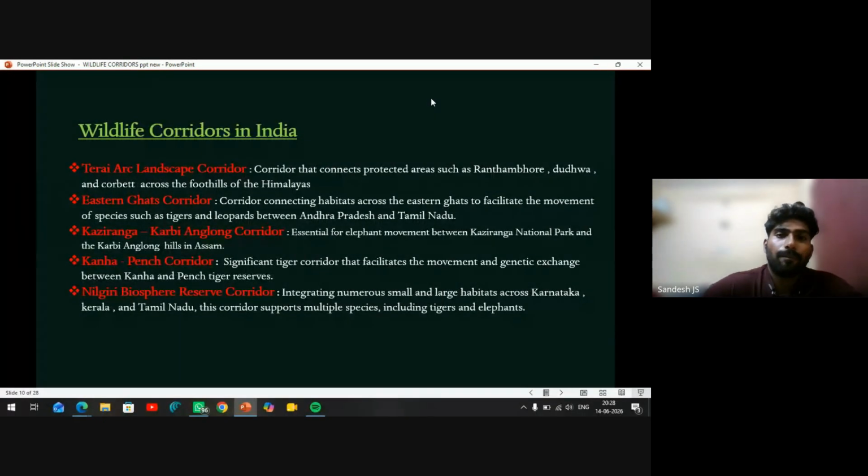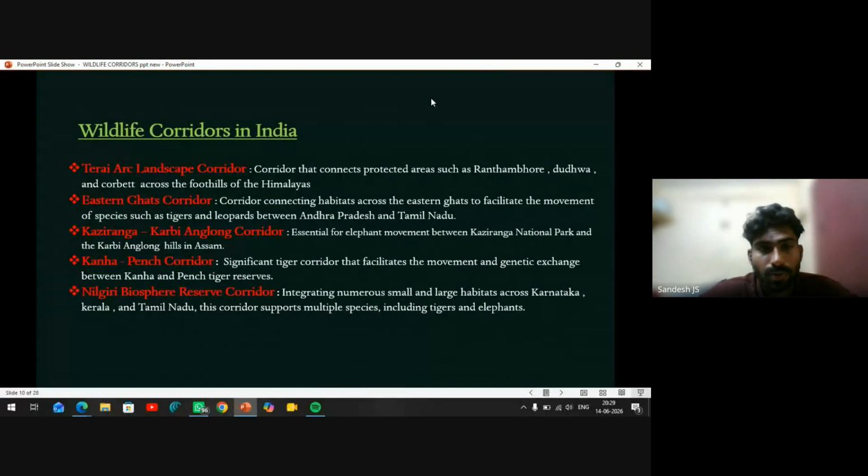Coming to the wildlife corridors in India, I have taken some important ones. First is the Terai Arc landscape corridor, which I mentioned before, that connects protected areas such as Ranthambore and Corbett across the foothills of the Himalayas.